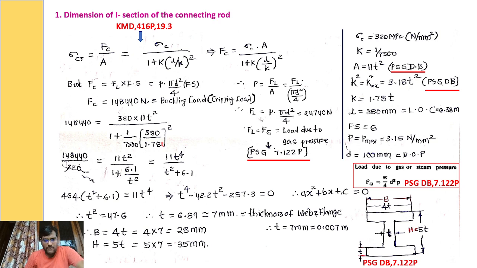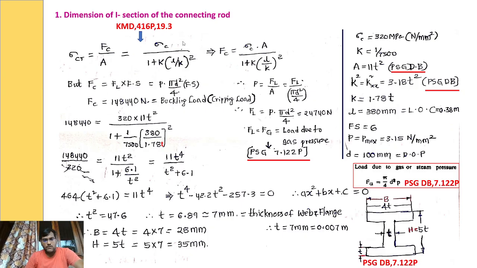The same formula is directly available in the PSG data book, page 7.122. That is P into area, the same we have taken, P into area. That is pi d square by 4, the cross sectional area. So from this, they have given the D value, 100 mm, the diameter of the piston, and the P value, the maximum gas pressure, 3.15. After substituting with the factor of safety, they have given 6. So then we got the Fc value, 148,440 newtons.